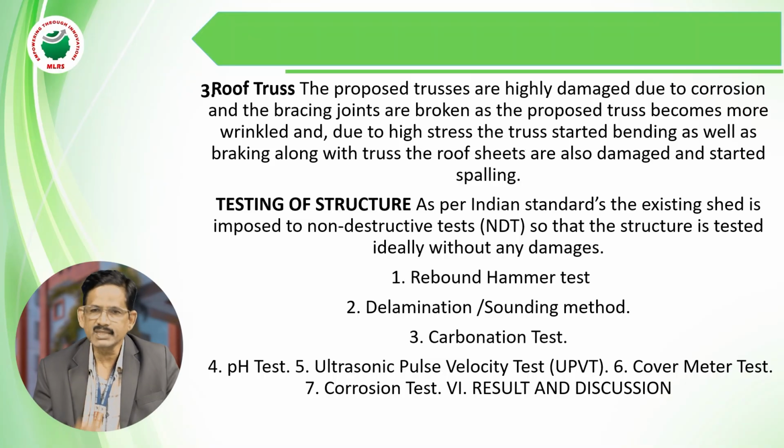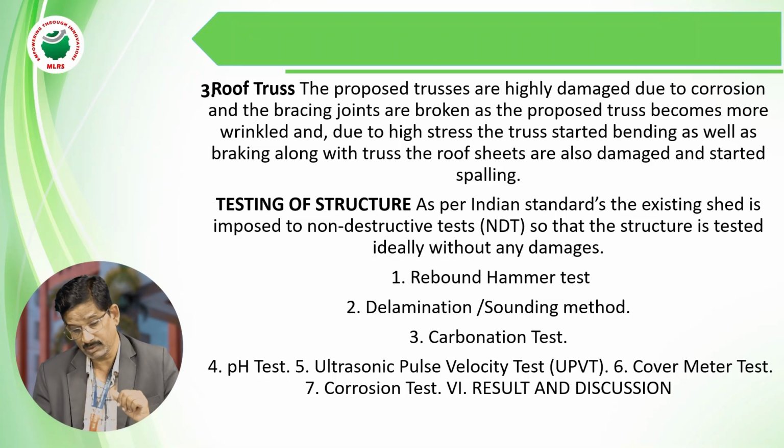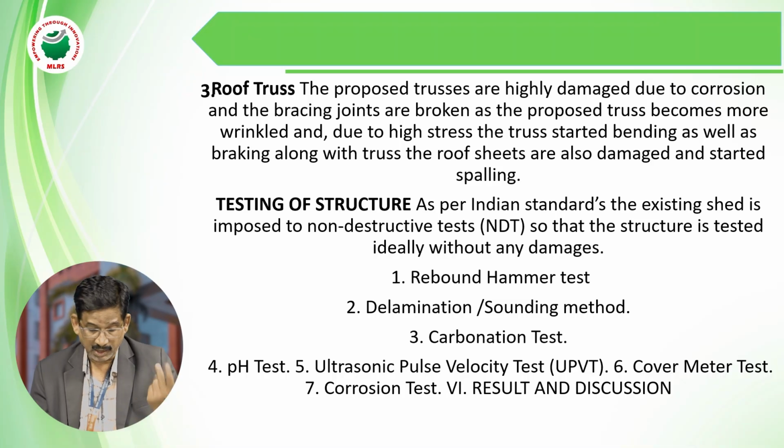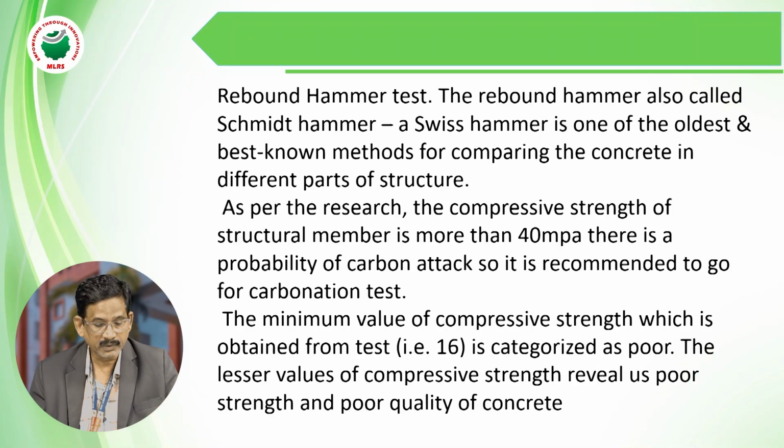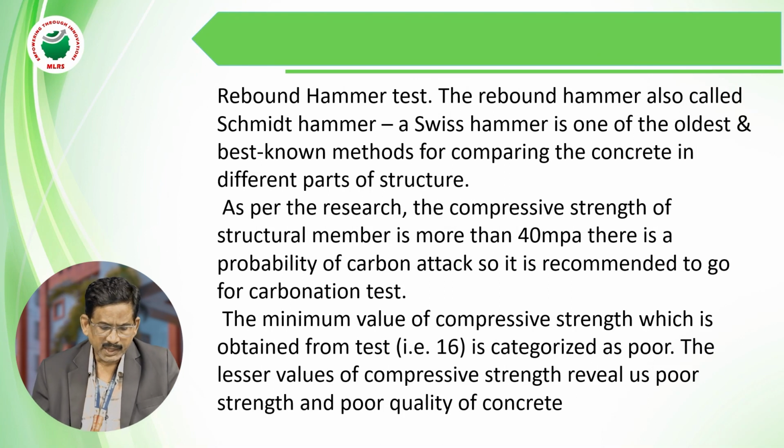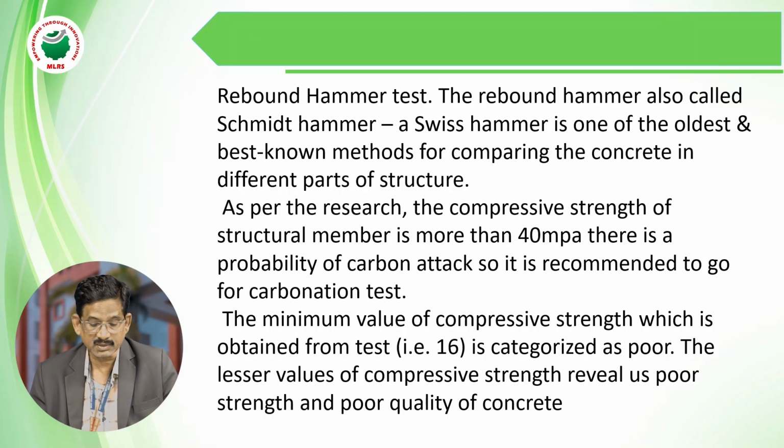So in this case study, he has to do the rebound hammer test, the delamination sounding method, the carbonation test, the pH test and the ultrasonic pulse velocity test. Next, the rebound hammer test. You know this very well, you have to do it in the laboratory also. As per the research, if the compressive strength of the structural member is more than 40 MPa, there is a probability of carbon attack, so it is recommended to go for a carbonation test.